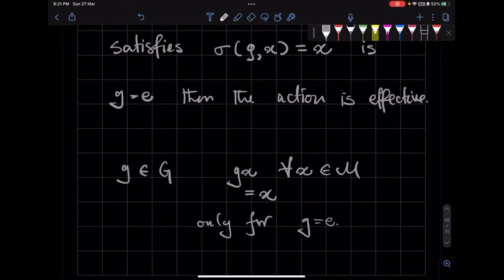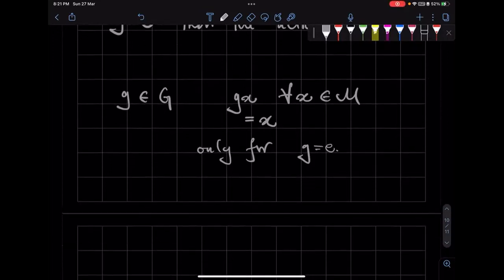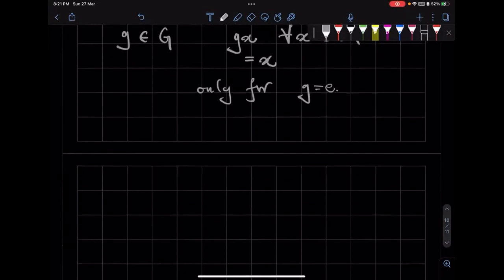So we take all the G's, right? So, let's look at the elements which leave the North Pole, say, the North Pole fixed, right?